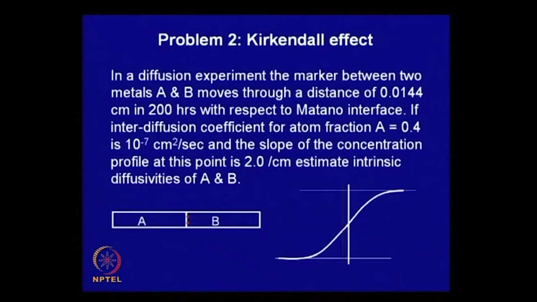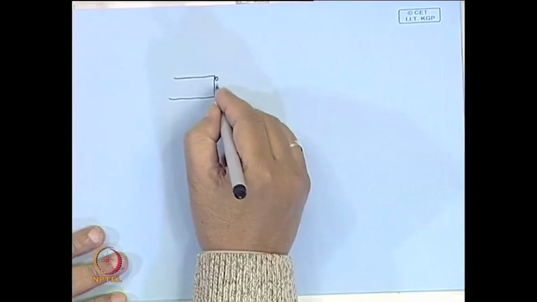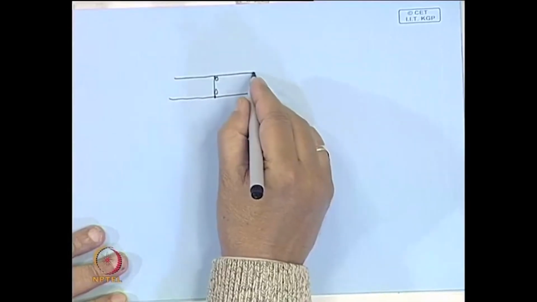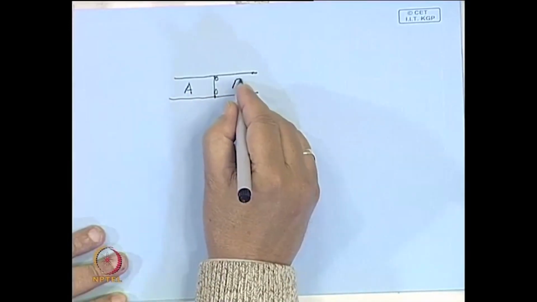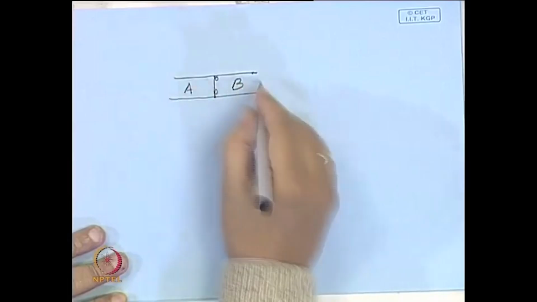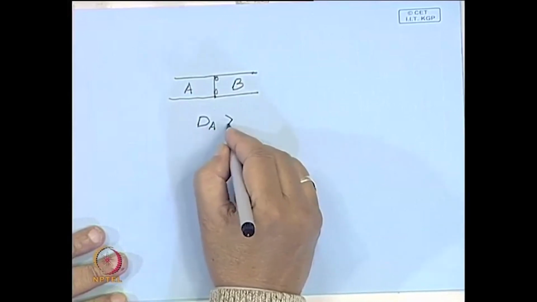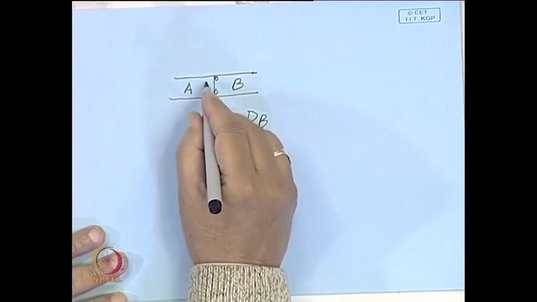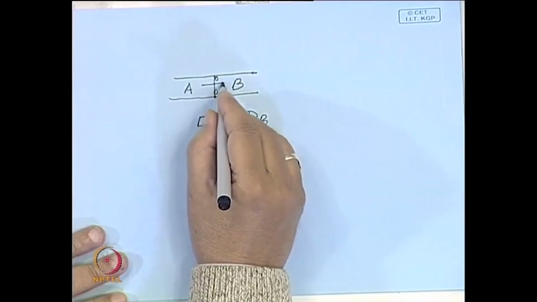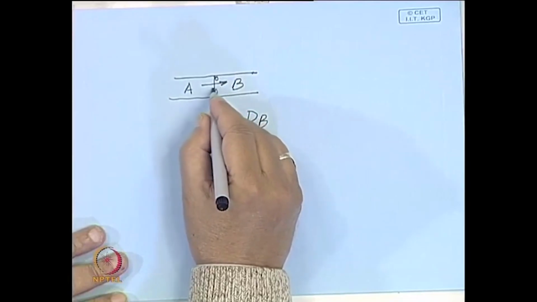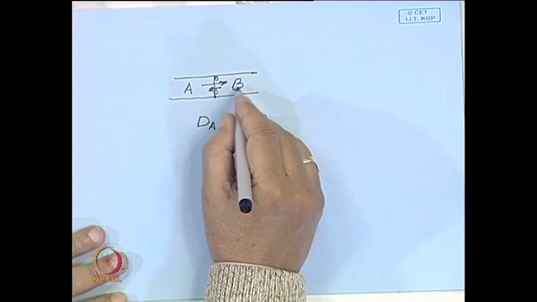Now, let us look at another problem. This is a problem on the Kirkendall effect, and we have seen that if you take a diffusion couple and then put a marker, often the diffusivity of the two metals may not be the same, maybe the diffusivity of A is greater than the diffusivity of B. In that case, more A atoms will move in this direction than the number of B atoms moving in this.